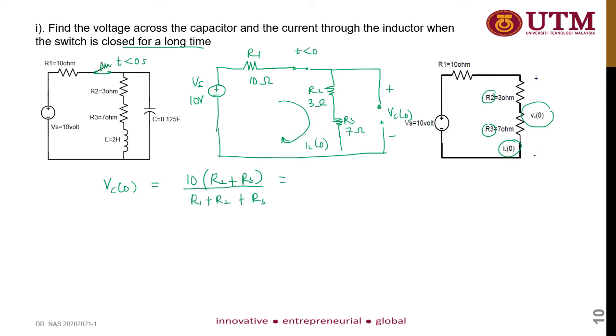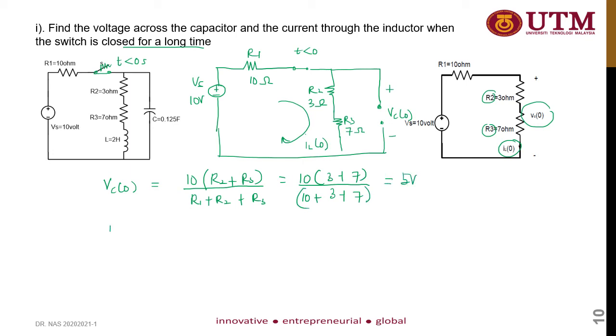So it is equal to 10, 3 plus 7 divided by 10 plus 3 plus 7. So this is equal to 5 volt.